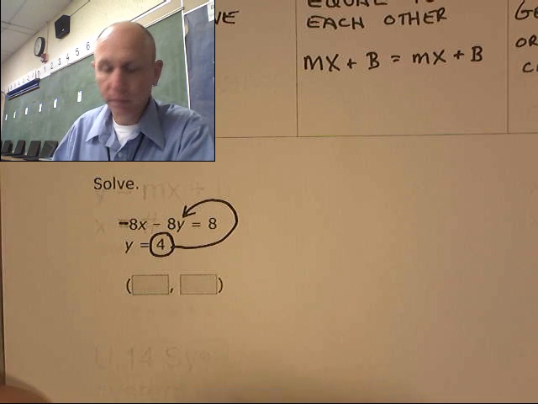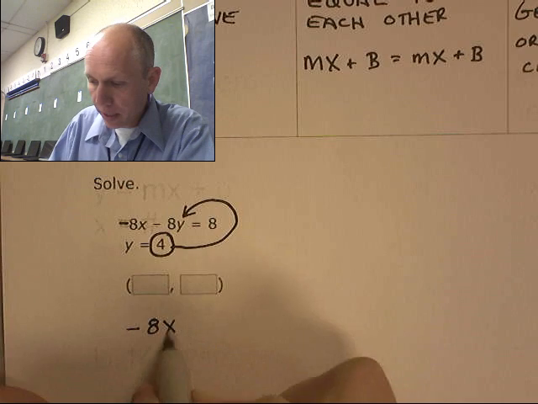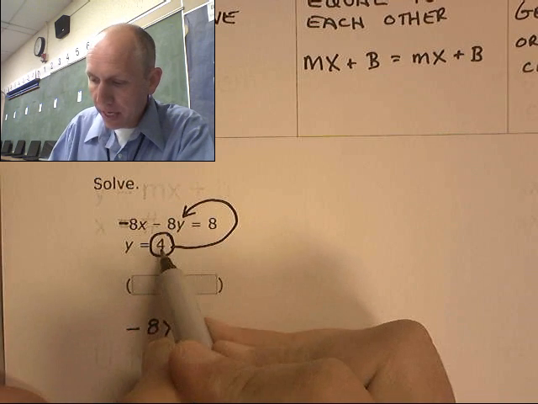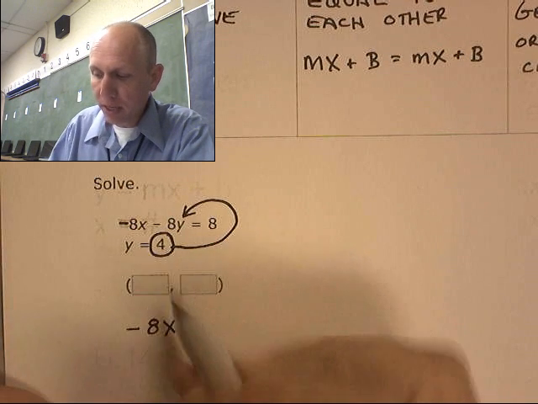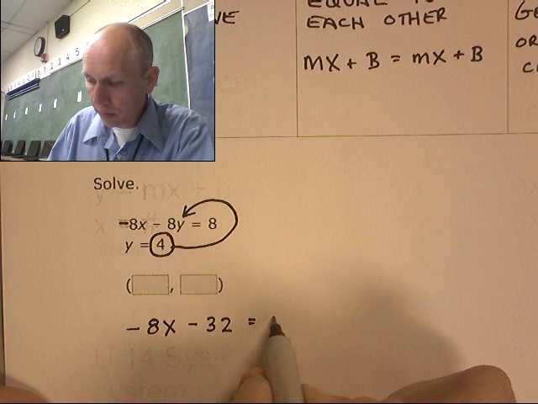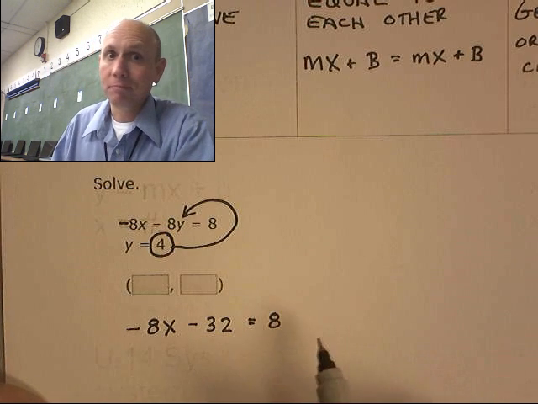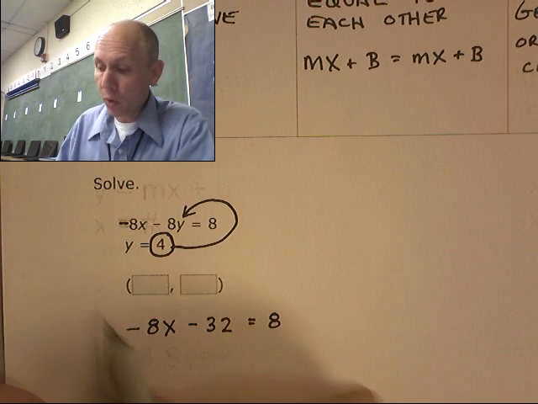When I do that, I'm going to have negative 8x, negative 8 times 4. Negative 8 times 4 is negative 32 equals 8. I'm going to solve this 2-step equation.